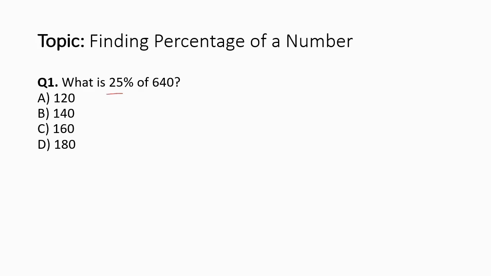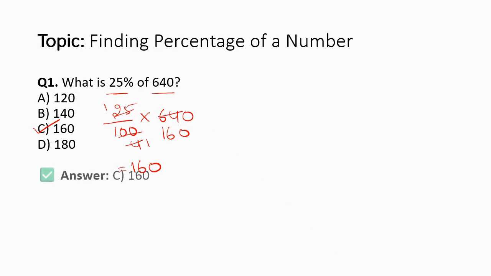We need to write 25% as 25 by 100 into 640. 25 ones are 25, 25 fours are 100, 4 ones are 4, 4 sixes are 24, so we get 160. So the answer is 160. This is the basic model in percentages topic.